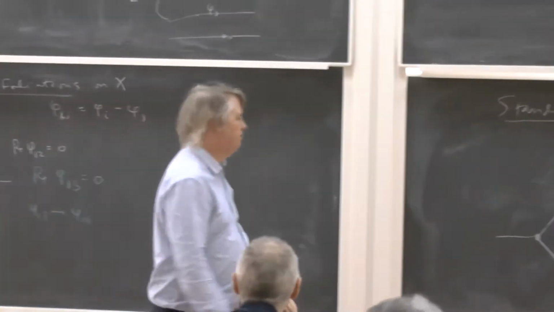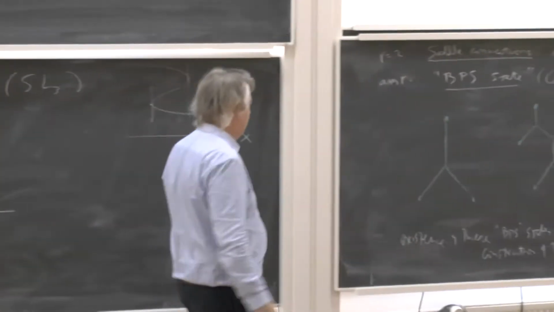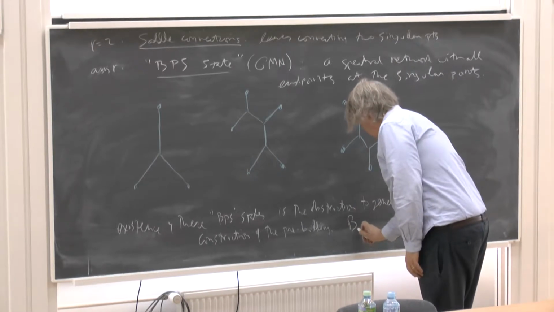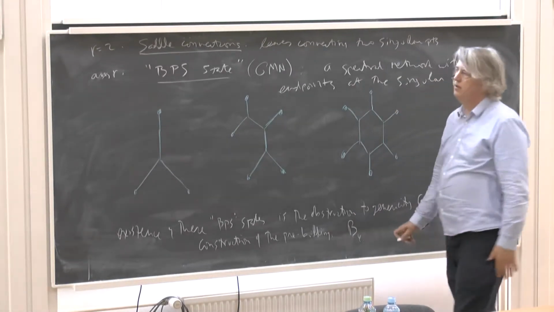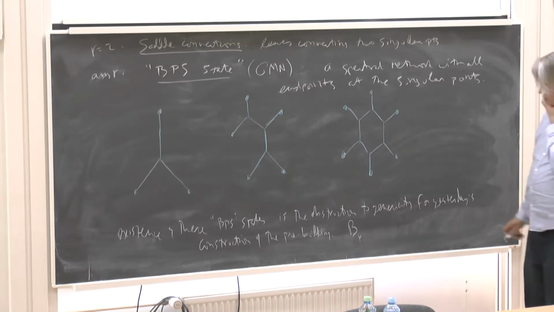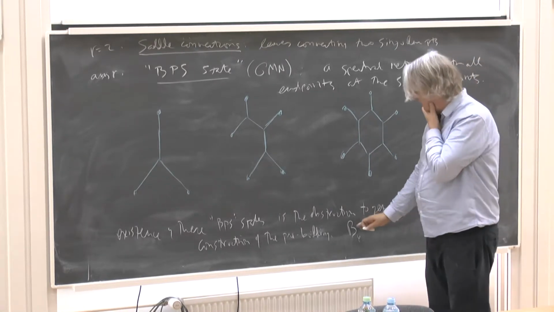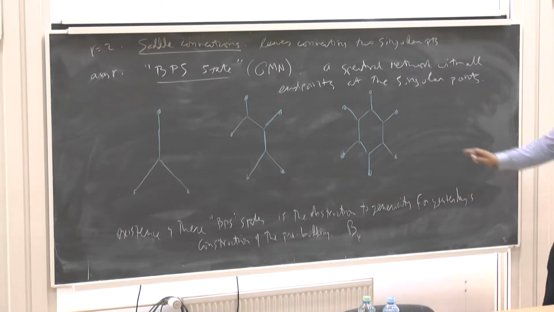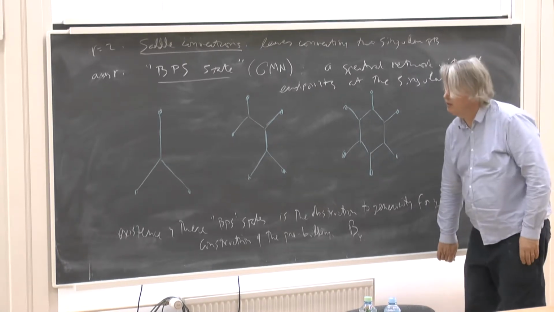And our proposed construction of a pre-building, which depends only on this collection of differentials phi, the proposal is that this will exist and have the right properties if the spectral network does not have any of these BPS states in it. That's just a comment relating to yesterday.